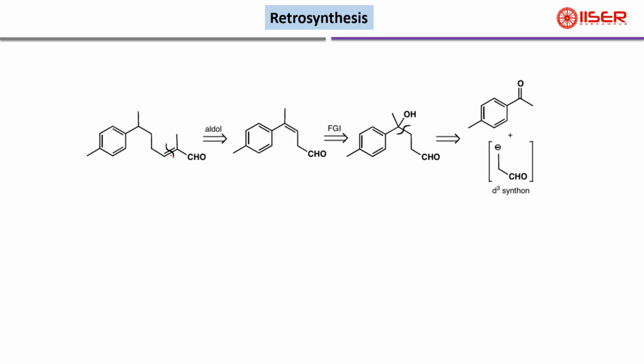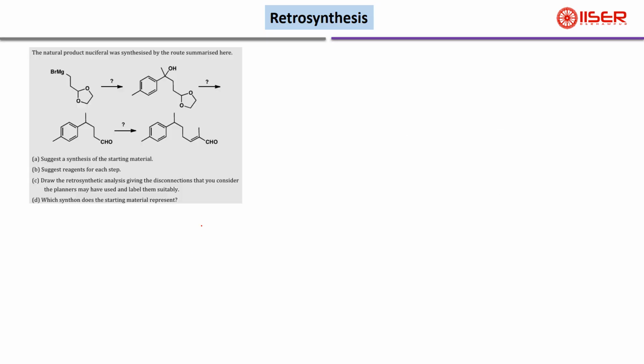So there can be an aldehyde. Next, if you do functional group interconversion and add an OH at this place, then if you cut it from this place, it can be a carbonyl and the negative charge can be created here. So let's see the reagents required one by one.